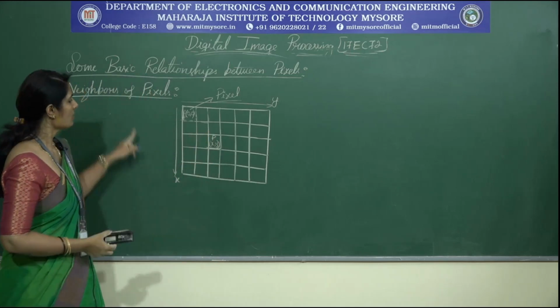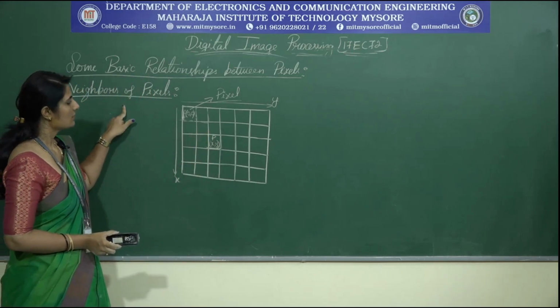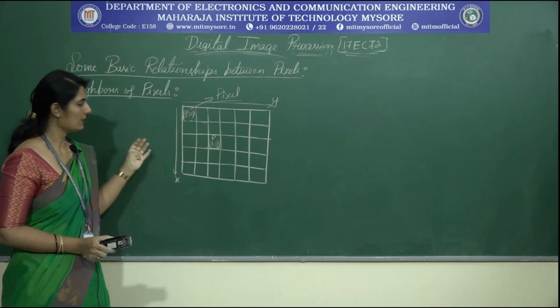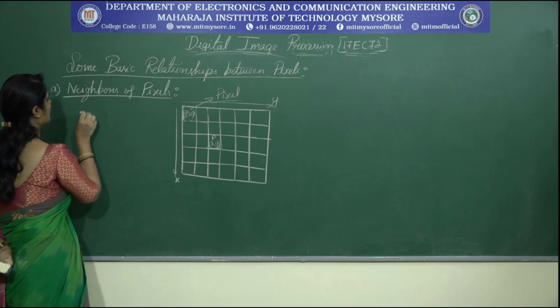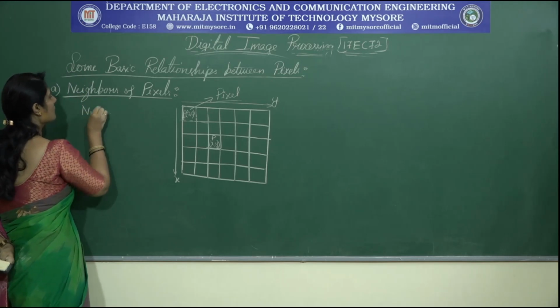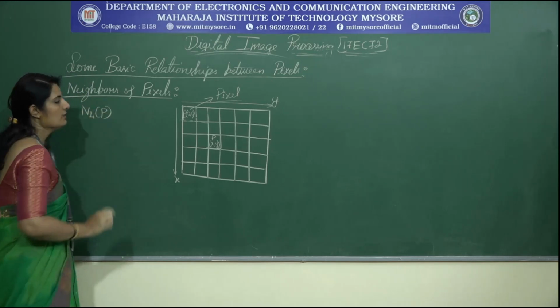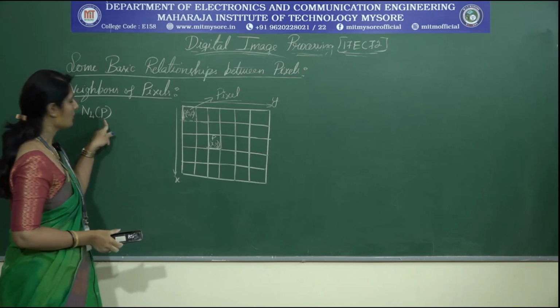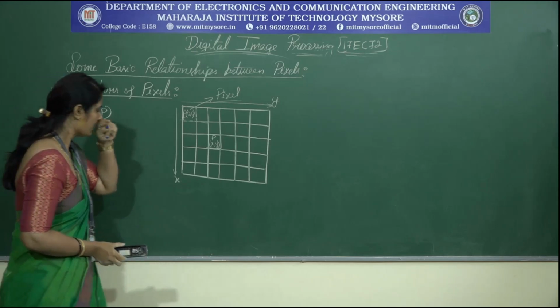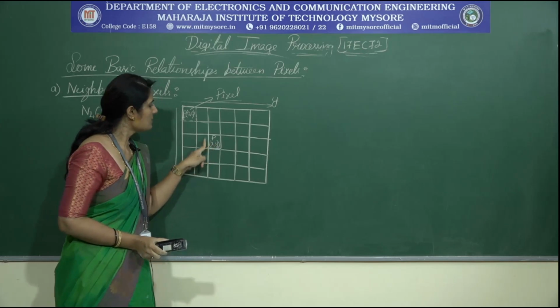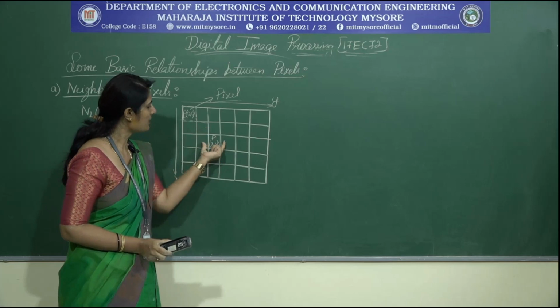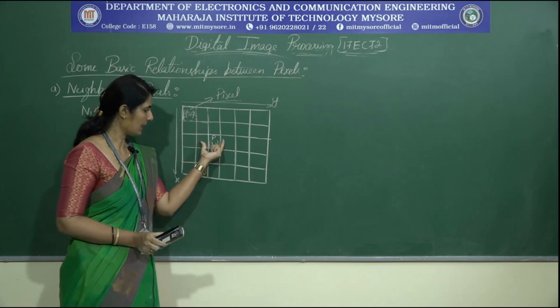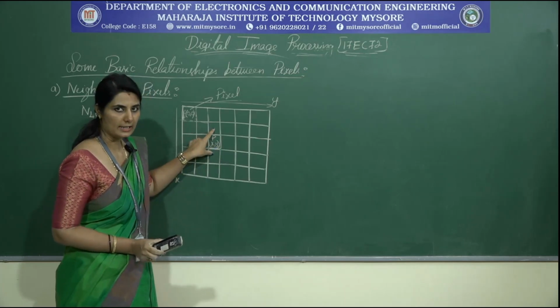Here there are three types of neighbors. The first is the 4 neighbor representation, n4 of P. The 4 neighbors of this pixel are the 2 horizontal neighbors and 2 vertical neighbors.